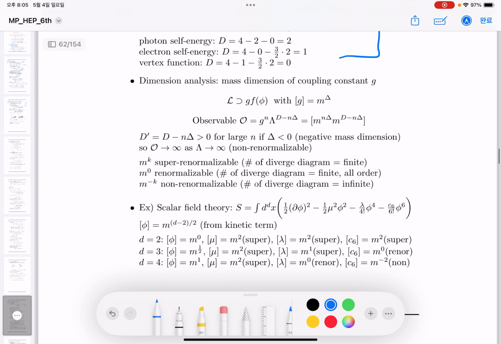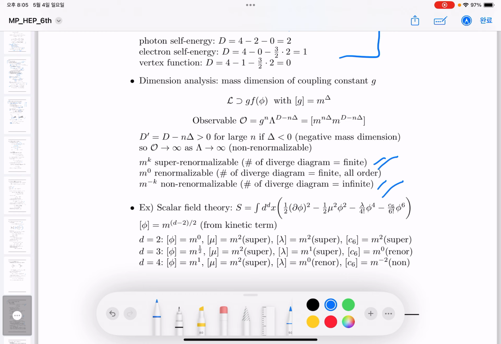Also, there is dimensional analysis of the mass dimensions of the coupling constants. For example, if the coupling constant has positive mass dimension, then this is super-renormalizable. But if the coupling has negative dimension, this is a non-renormalizable case, like gravity theory. For example, the gravitational constant has negative mass dimension.